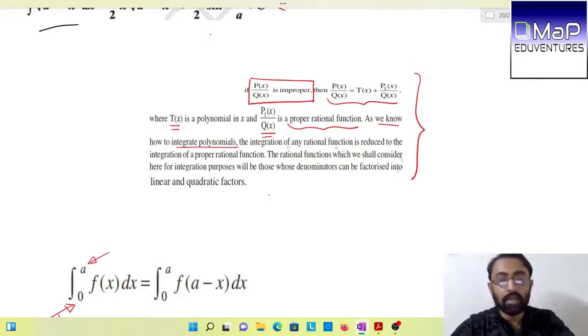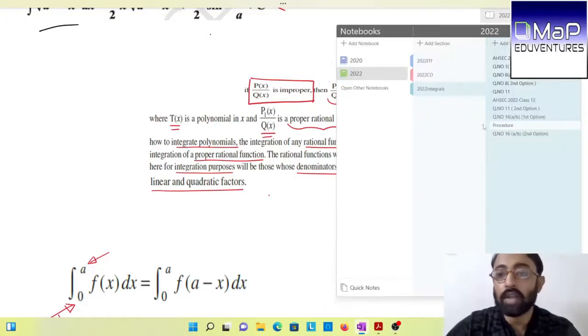The integration of any rational function is reduced to integration of a proper rational function, that is by partial fraction. So the rational functions we shall consider here for integration purpose will be those whose denominator can be factorized into linear and quadratic factors.